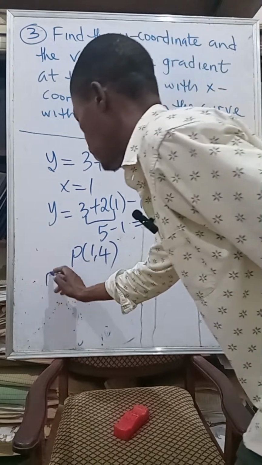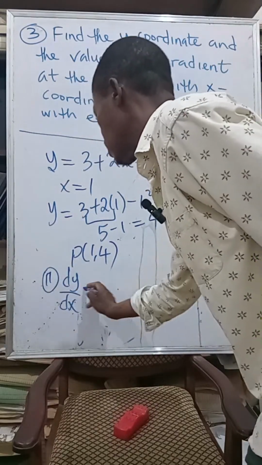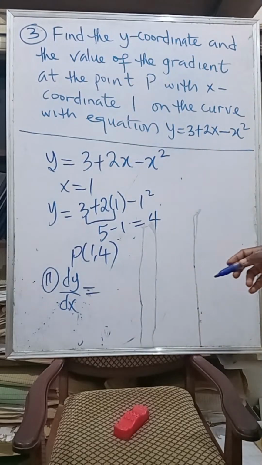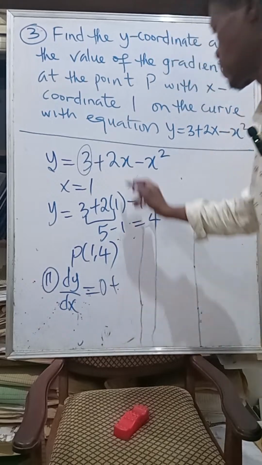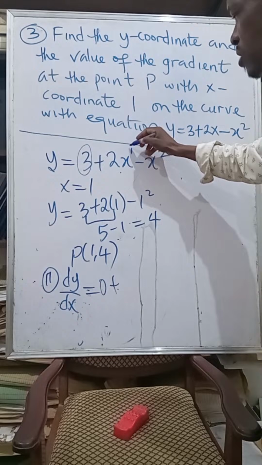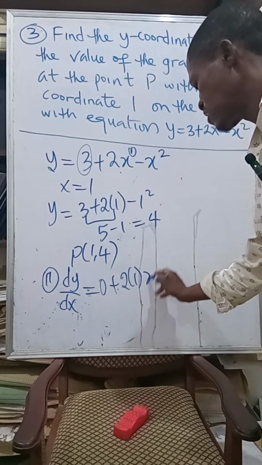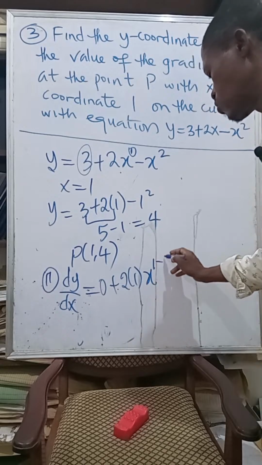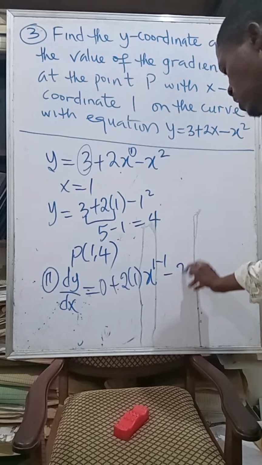Two, we are told to find the gradient, which is dy/dx. If you differentiate 3, that will be 0. If you differentiate 2x, there is a power 1 here, so this one goes to the front. That's 2 times x to the power 1 minus 1, and then minus 2x.